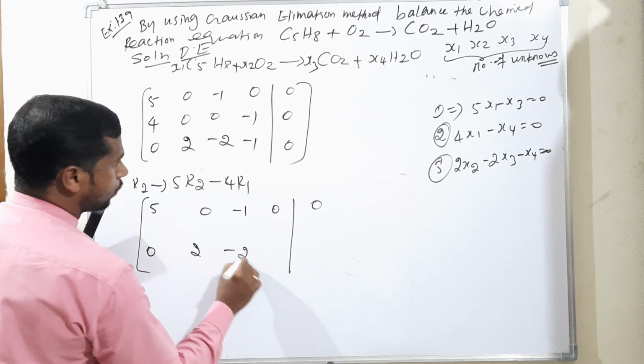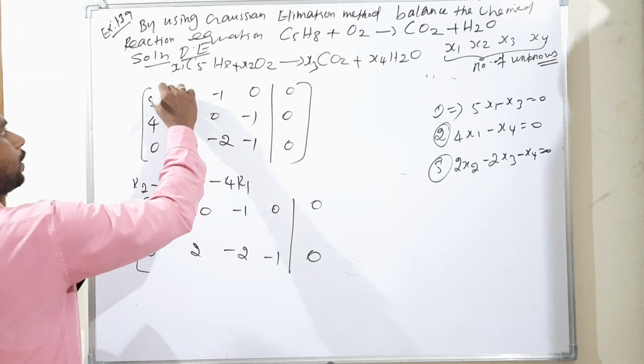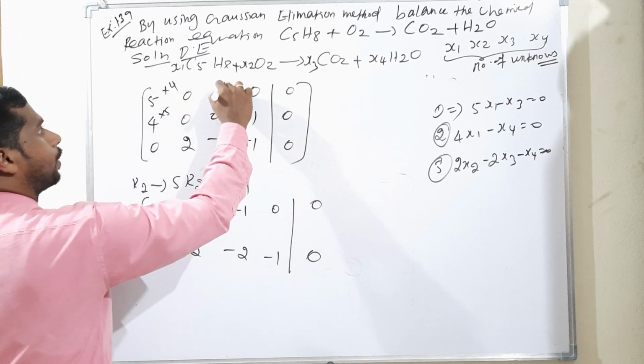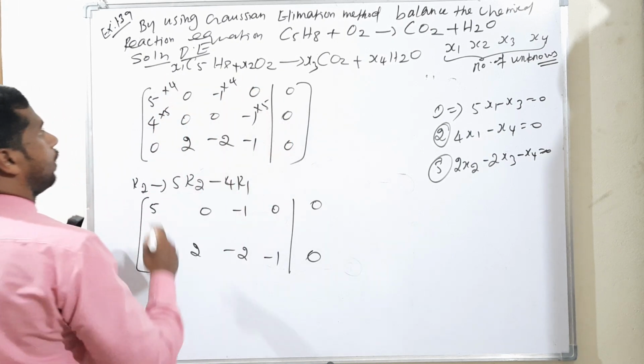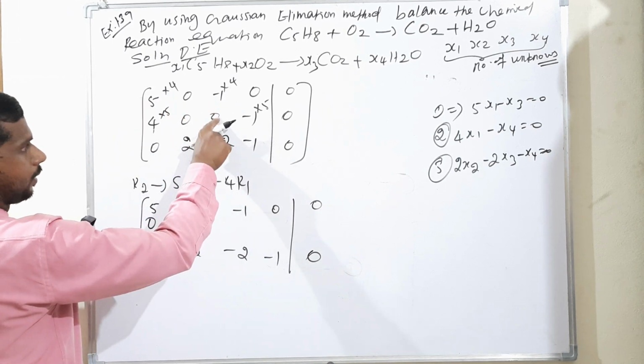Here multiply 4 into 5, 20. 20 minus 20, 0 will come.